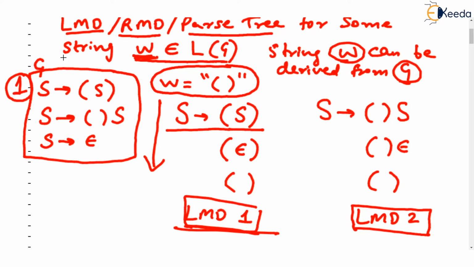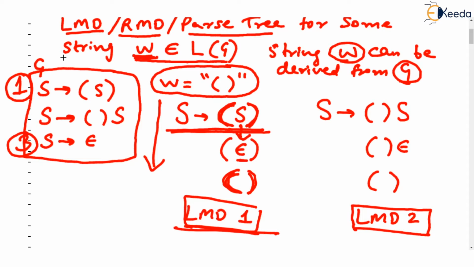Now we have got the open bracket and the close bracket, and we can replace the S in the middle with epsilon using the third production, S derives epsilon, and you know epsilon means empty. So we will get open bracket and close bracket. Just notice the steps that we have done in this leftmost derivation.